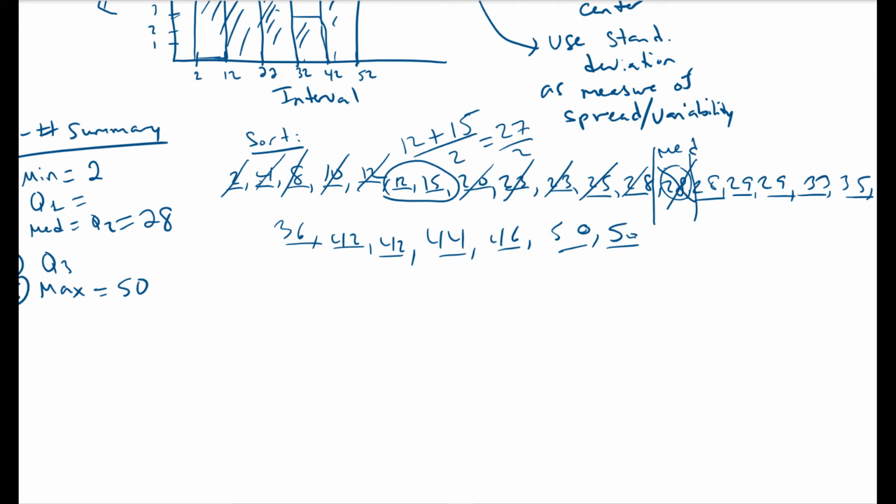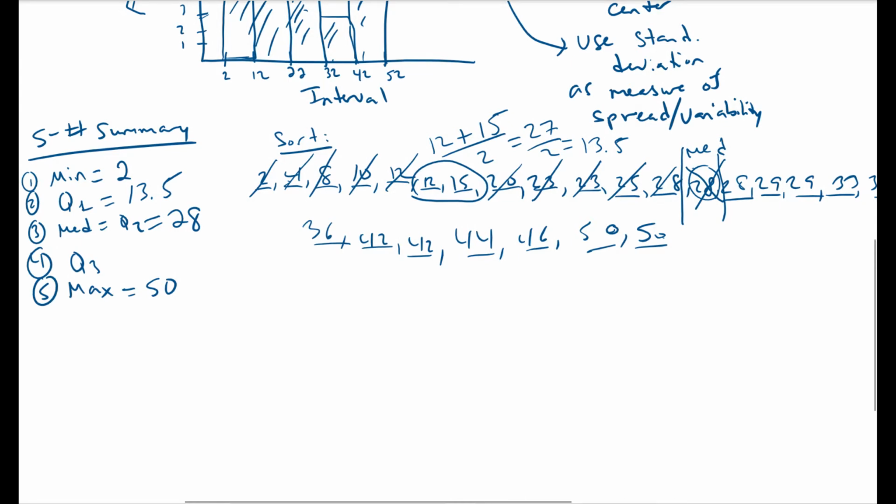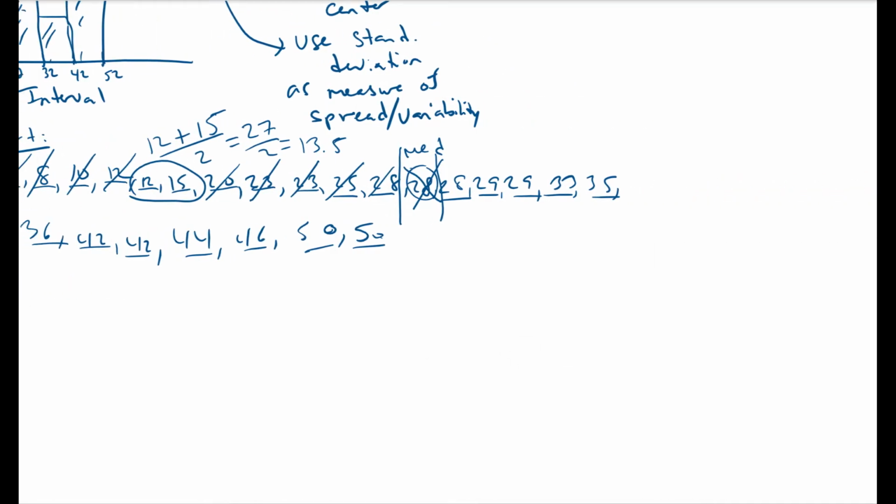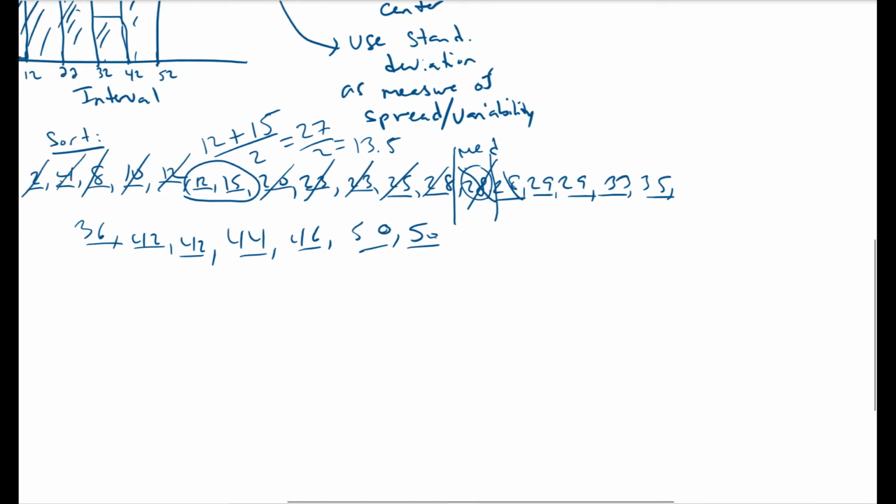Yeah, okay, so in that case, 27 divided by 2 is... 2 goes into 27 13 times, so 13.5. All right, now for third quartile, let's see here. We got 1, 2, 1, 2, 1, 2, 1, 2, 1, 2.